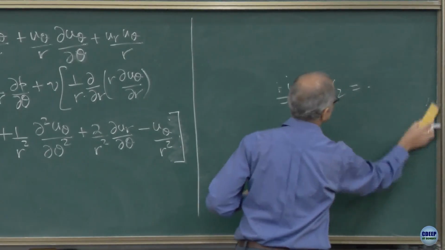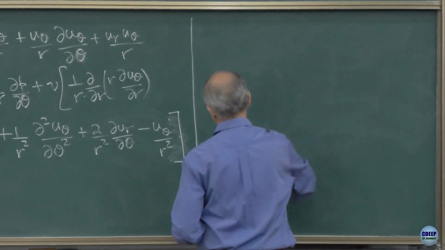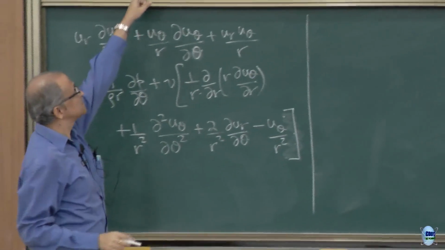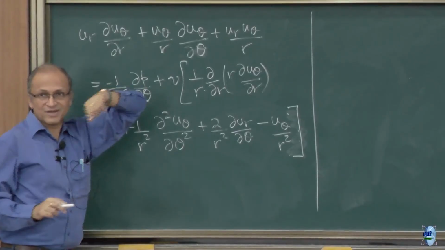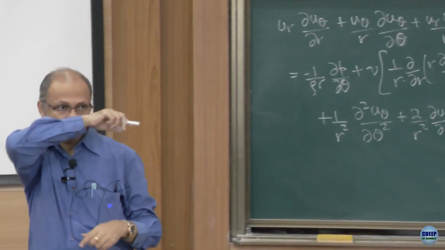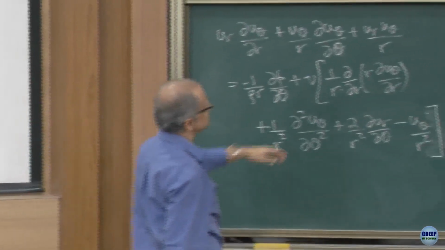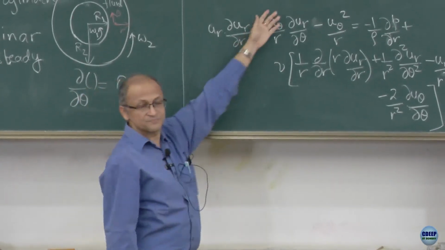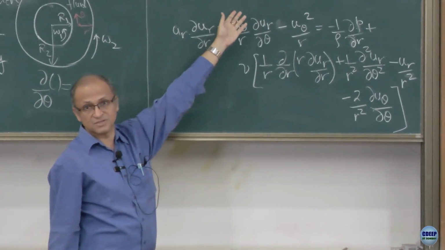So the first thing that we are going to do is to start using our condition of axisymmetry, which is that the derivative of anything with respect to theta is equal to 0. That's a very powerful condition, and we always start off with the continuity equation. We have already said that all these things will not change.